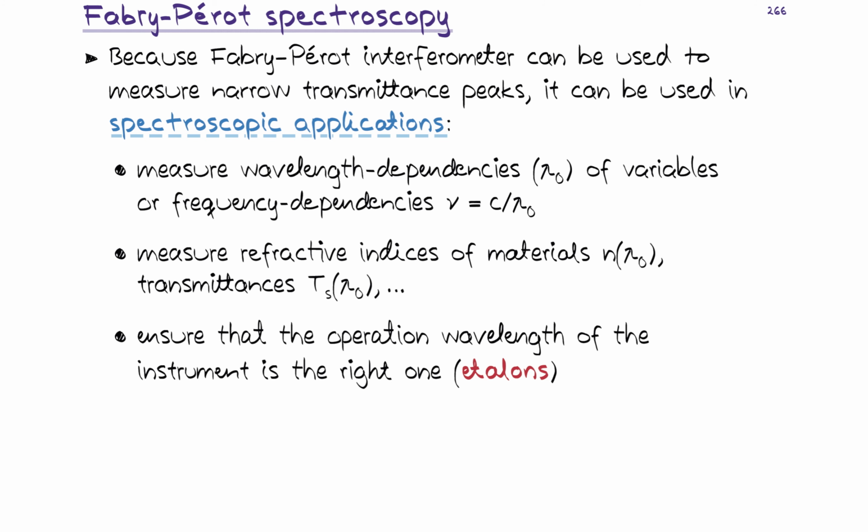So these are some of the applications that come to my mind, and I hope that you can grasp at least one or two of these, so that you know what is the point of trying to understand these Fabry-Perot structures and interferometers. So let's now start going through the different parameters of interest here, and let's start considering the spectral properties of Fabry-Perot instruments.